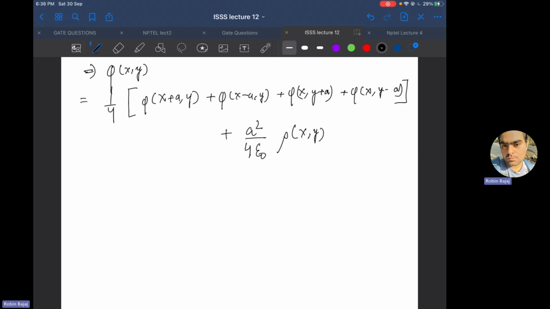Now you would have to also choose the a carefully. What would be the a that you would be needing for the convergence? So there are some rules which I'm not going to discuss, how you should choose your a, which is for you to figure out.